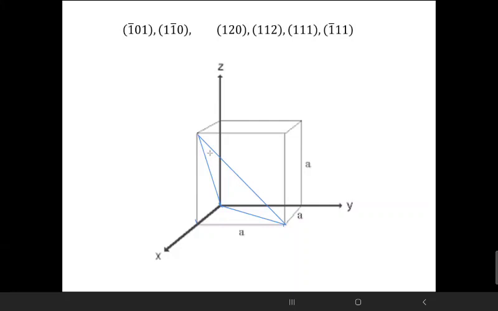Let me color this. So this is your plane. I think you have all understood well. Please check my answers with your answers.